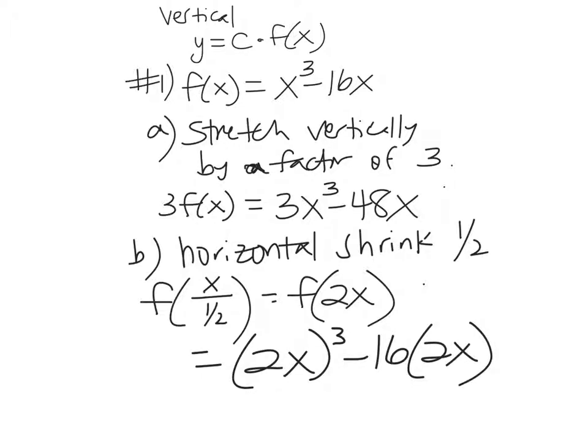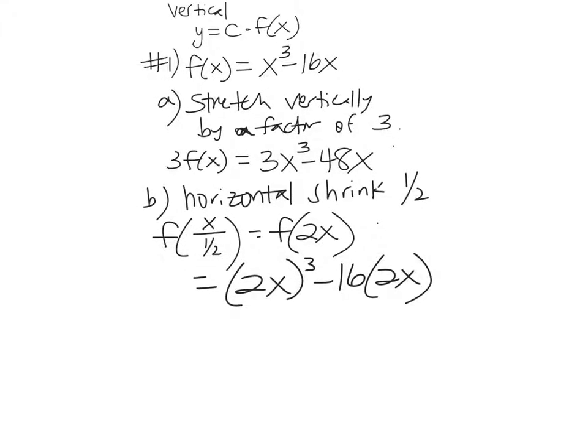So instead of f of x, it's now f of 2x. And then we can go ahead and clean it up. That becomes 8x cubed minus 32x. And that would be a horizontal shrink by 1/2. Okay, and that's all you have to do for those. They're not that bad. They're a little tricky.